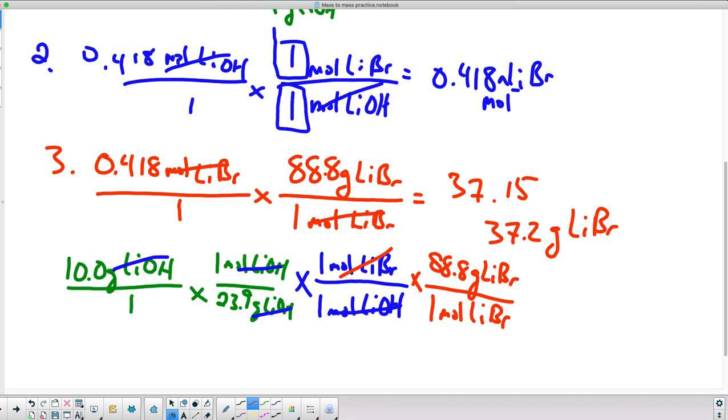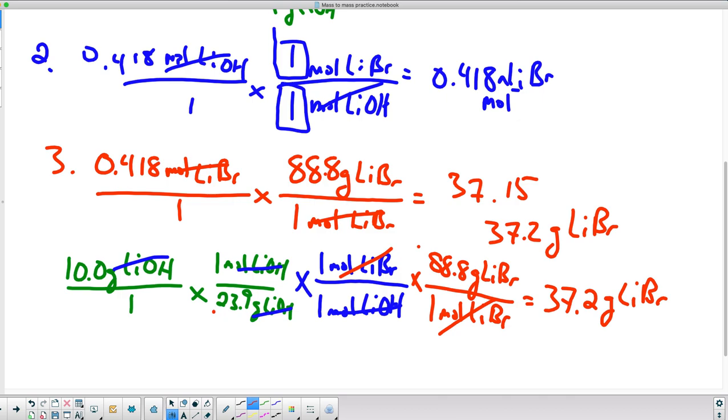Now I got moles of lithium bromide canceling with moles of lithium bromide, and then at the end, all I have to do is take my 10 grams divided by 23.9 times 88.8 equals, and I get exactly the same thing, 37, and then round it off to 37.2, and that's lithium bromide. So if it's on top, I multiply like I do here. If it's on the bottom, like I do here, it's divided by.